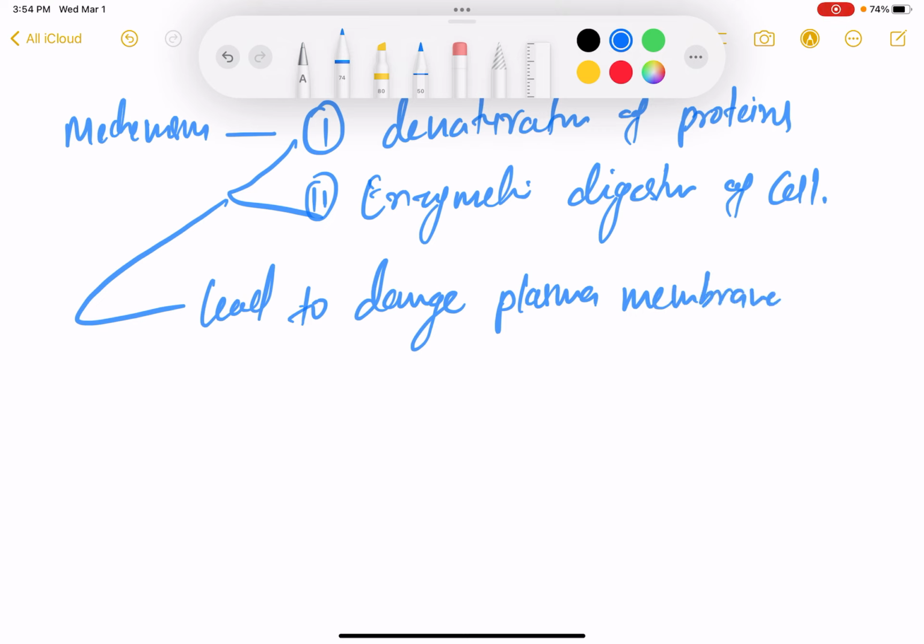Due to damage of the plasma membrane, all the content will leak out of the cell.